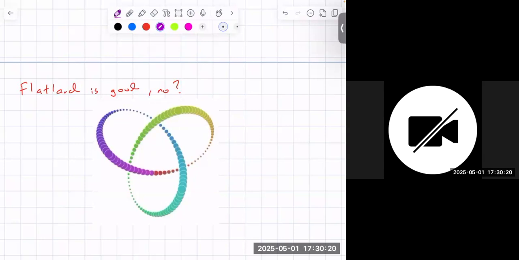Give me a sec to see if I can pull this up. This is a very nice post. I'll share it on Canvas, obviously. Not this one.